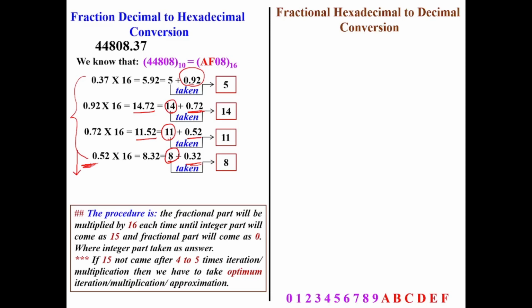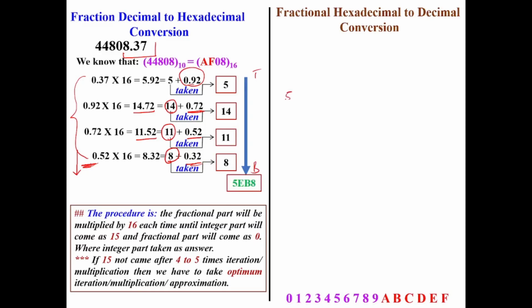If it does not approximate the value 0.37, then we have to consider further iterations. Here, after 4 iterations, the answer is written from top to bottom, that is 5EB8.